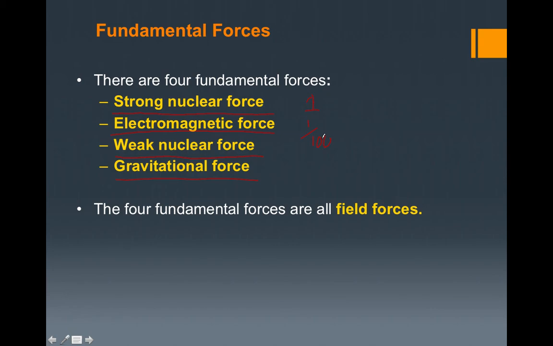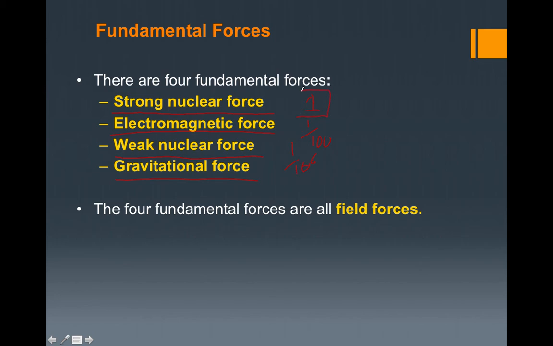Your weak nuclear force is going to be weaker than that, which has a value of 1 over 10 to the 6th. So much weaker than this strong nuclear force.